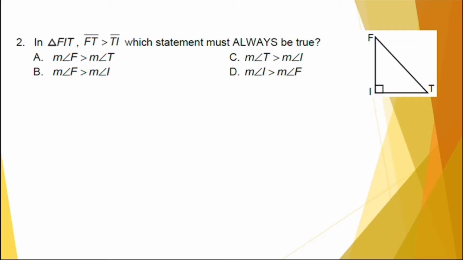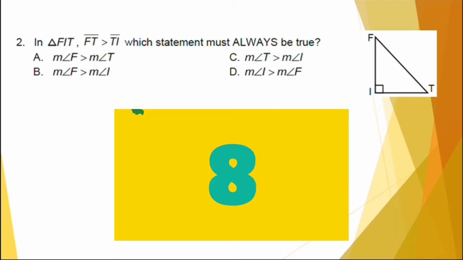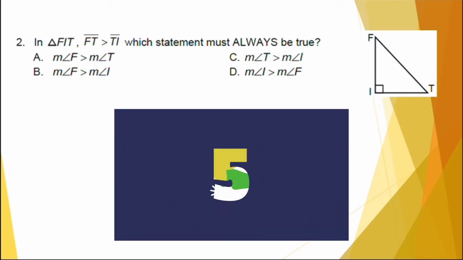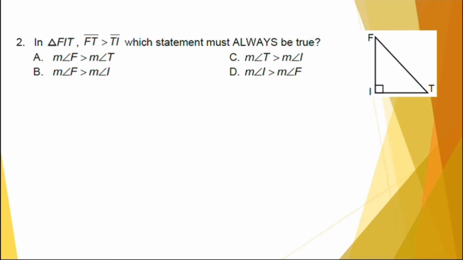A. The degree measure of angle F is greater than the degree measure of angle T. B. The degree measure of angle F is greater than the degree measure of angle I. C. The degree measure of angle T is greater than the degree measure of angle I. And D. The degree measure of angle I is greater than the degree measure of angle F. Time's up. The answer is letter D.